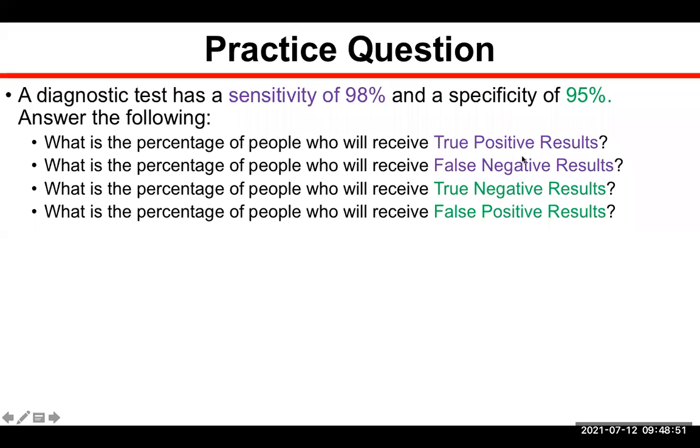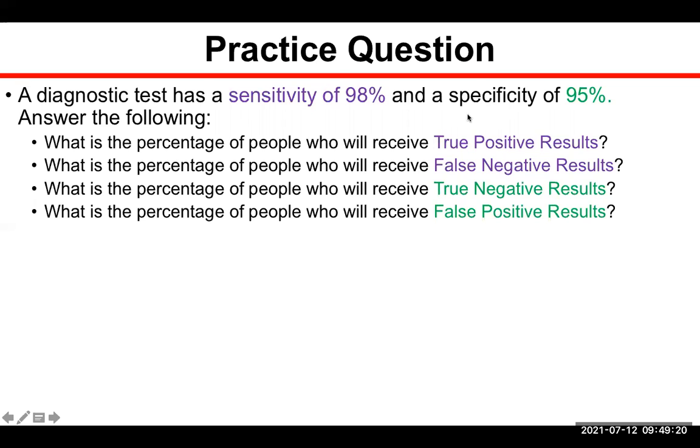In this particular case, the true positive results of this diagnostic test is going to be 98%. That means that 2% of these people that are actually infected are going to end up getting false negative results. So they are infected, but the test is 2% not sensitive enough to register that it's positive. So it's going to generate these false negative results.